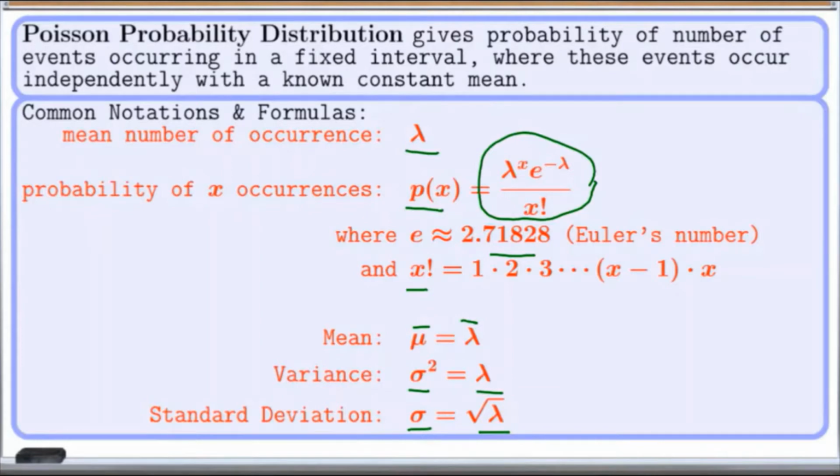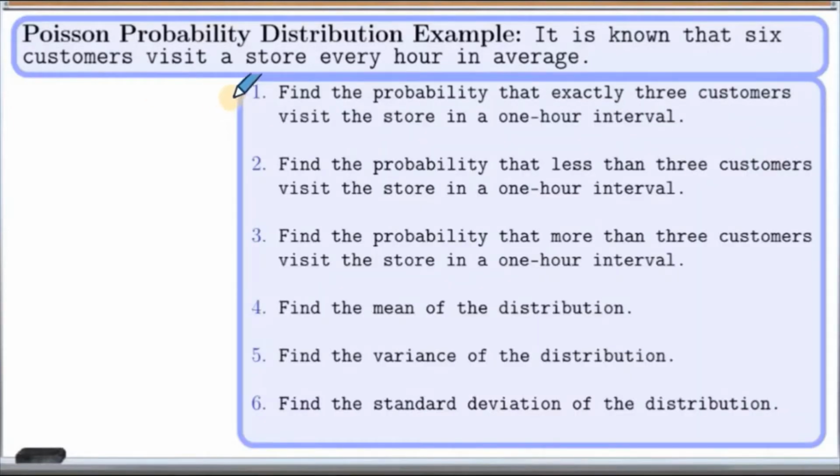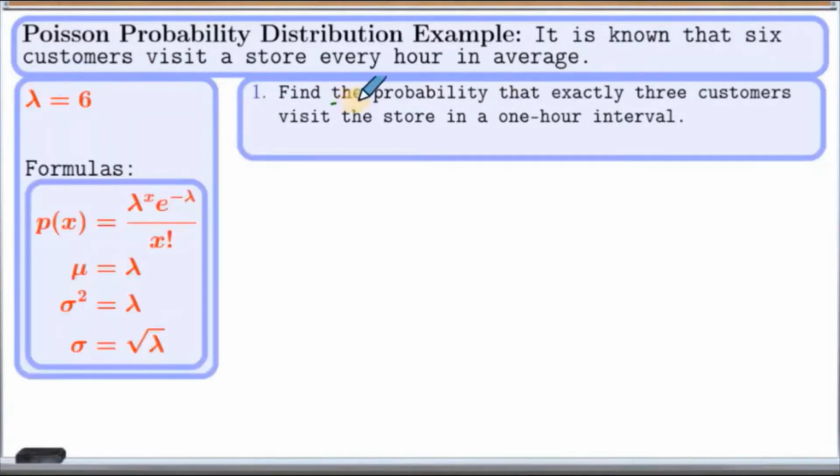Now let's look at this example here. It is known that 6 customers visit a store every hour on average. Now we will have to find all these probabilities based on the given scenario. From here, we know our lambda is 6. Now, let's find the probability that exactly 3 customers visit the store in a 1-hour interval.